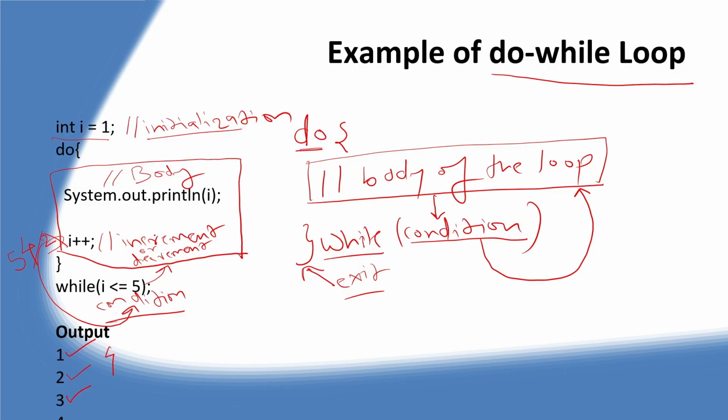Again it will execute the body, print 5, and increase the value of i to 6. Now again it checks the condition: 6 less than or equal to 5, which is false. So it will come out of the loop, and the output will be 1, 2, 3, 4, 5.